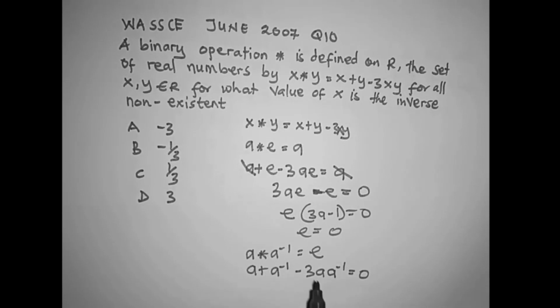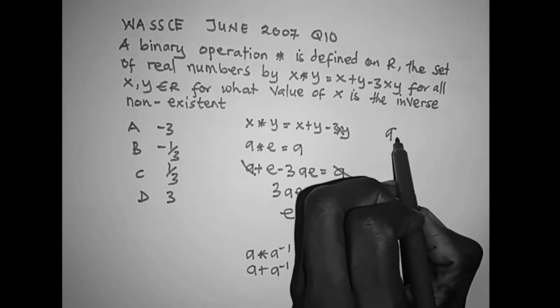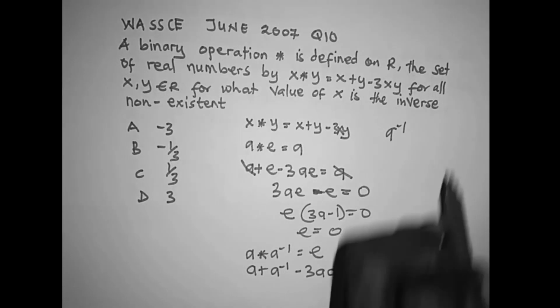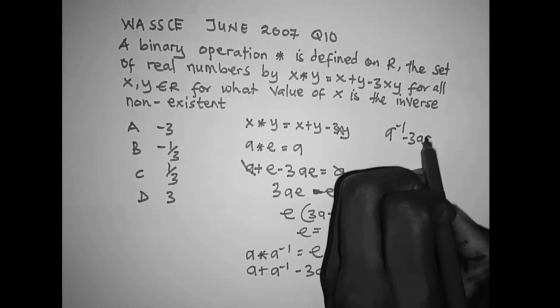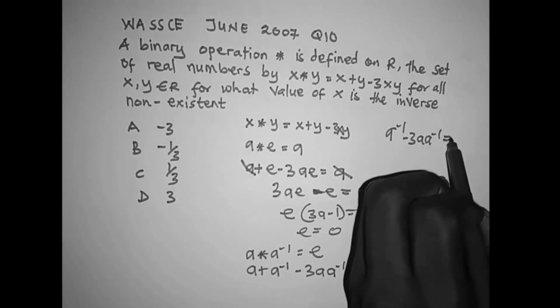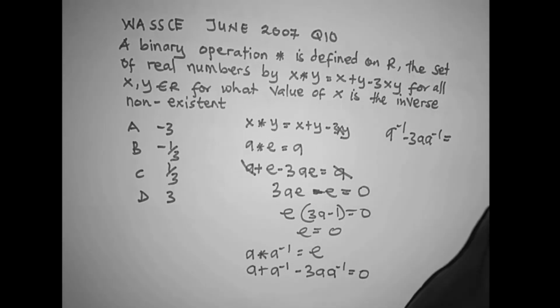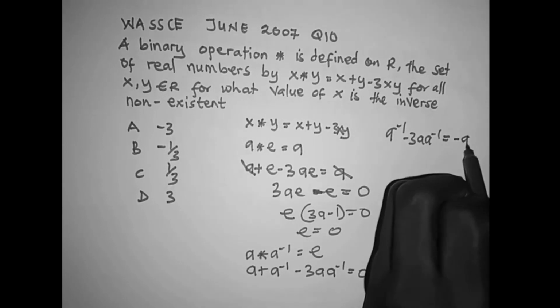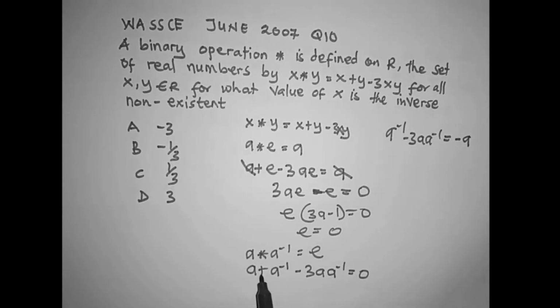So we can then group like terms. A inverse minus 3A A inverse equals minus A. We've taken this to the other side of the equation.